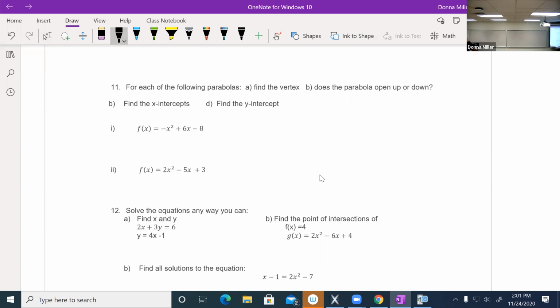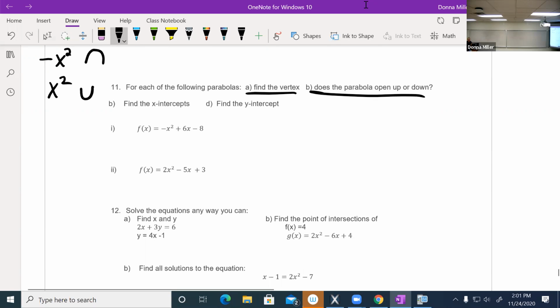So if I'm doing the vertex by hand, let's talk about open up or open down, because really that needs to come first. All right, so if you have a negative x squared out front, a negative, any number with x squared, it's going to open down. And if it's positive, it's going to open up. Okay. When I was a high school teacher, you know, negative people are sad, so you draw a sad face.